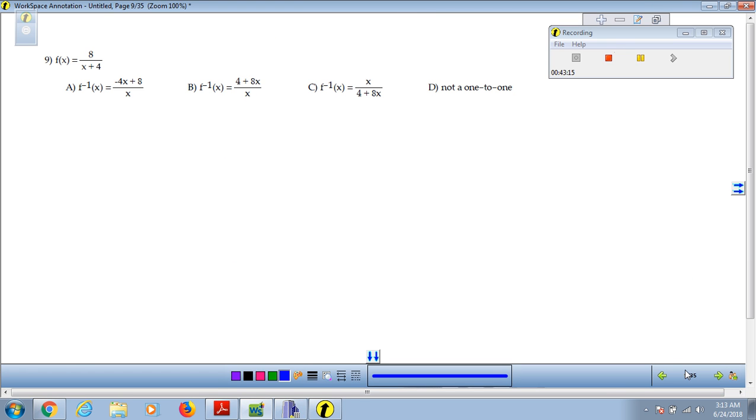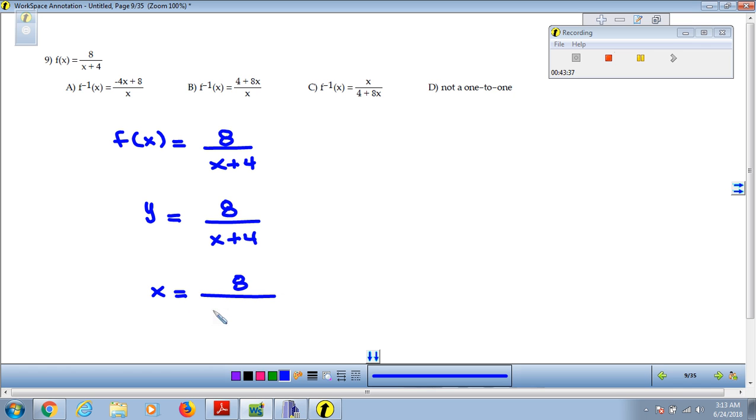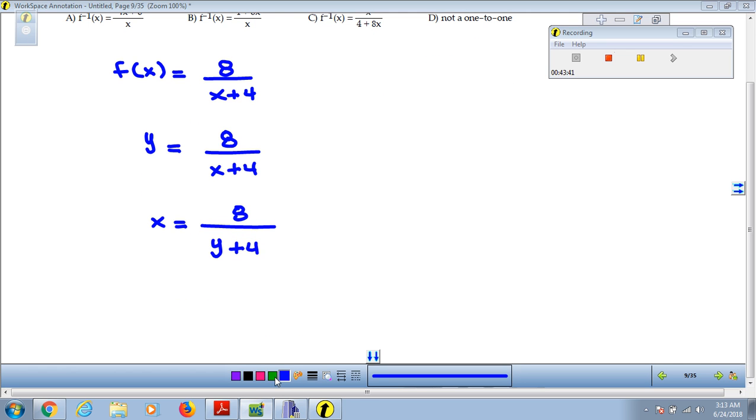This one is the same thing, I guess: find the inverse, right? So this is the function. First step is putting a y instead of the f of x, interchanging x and y, and finding a way to solve for y.